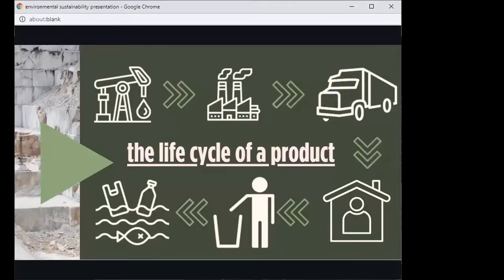It has to be transported from the factory to a warehouse or to a store so that it can be distributed. So these three steps, these ones at the top, are all things that happen prior to a product even reaching your hands. You and I have very little physical contact with products when they're in these first three stages.